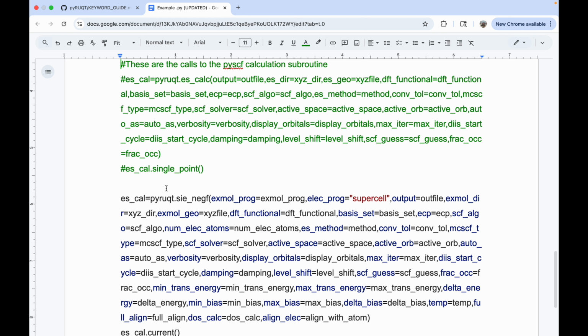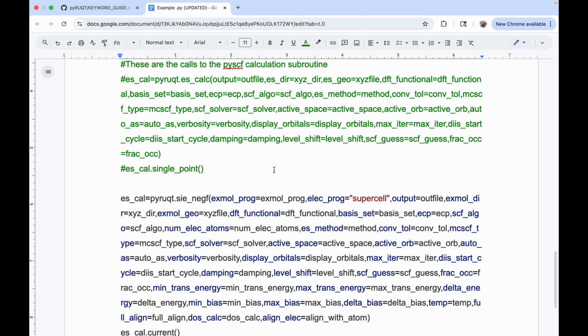This calculation here will only provide you with the mol.dat, and it will not run the transmission calculations, because it's not asking for any type of electron program. It's not asking for anything of that nature. So if you're just trying to generate a mol.dat file, or just a mol.den file to analyze the orbitals, you would run this calculation.